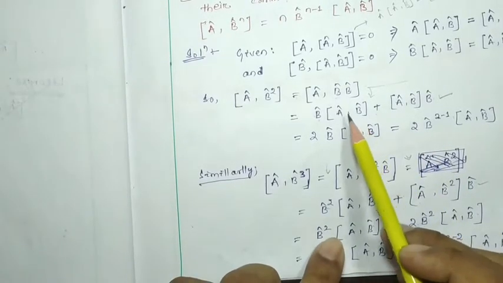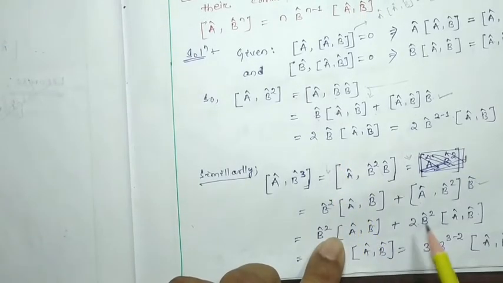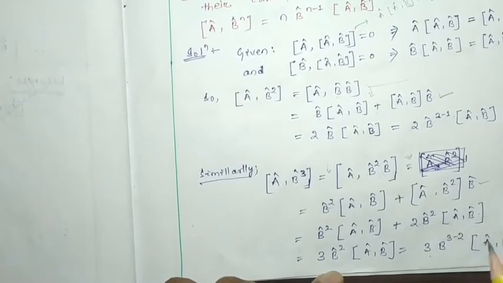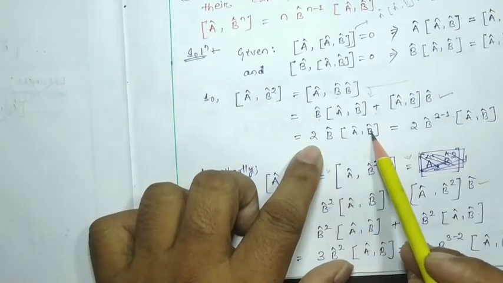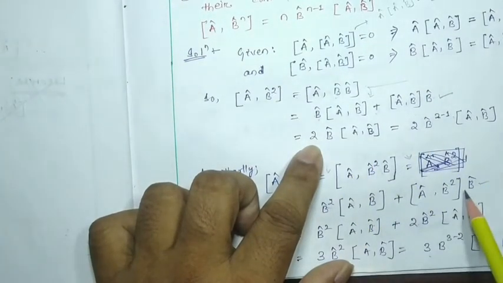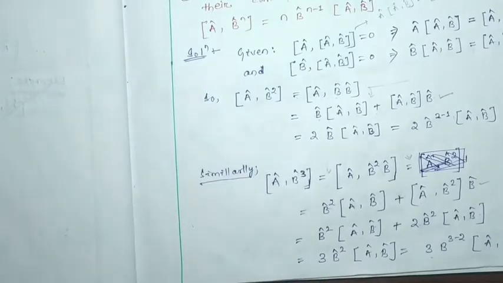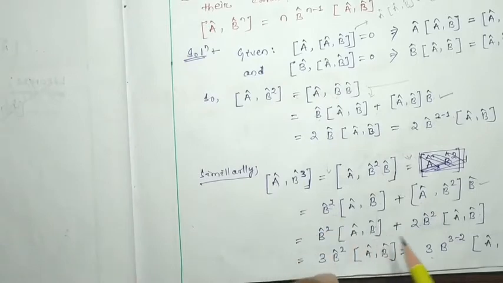From here we found that it is 2 B cap [A cap, B cap square], we know that 2 B cap [A cap, B cap]. Here B cap is another operator, so hence it will be 2 B cap square [A cap, B cap]. Okay, so here B cap square [A cap, B cap] commutation plus 2 B cap square into [A cap, B cap] commutation.